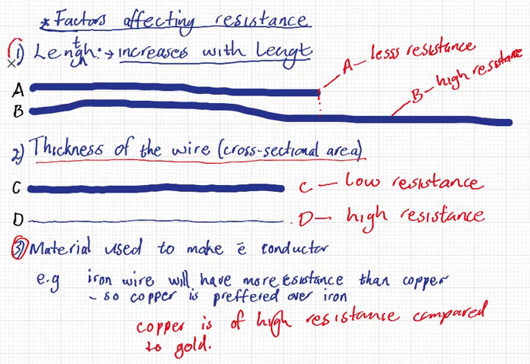Let's look at factor number 1, length. When the socket is 1 meter from your microwave or refrigerator, you cannot be found using a cable of 5 meters. No, it's not a good thing to do because it will have a high resistance.